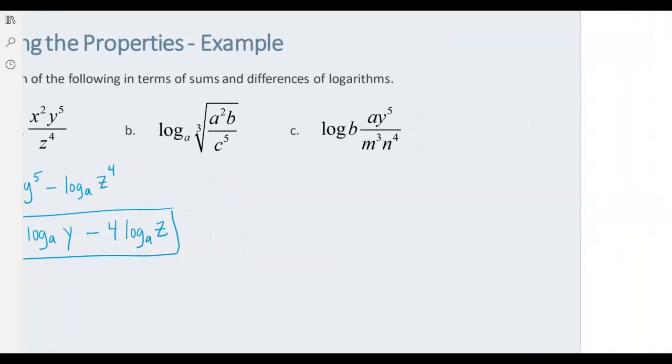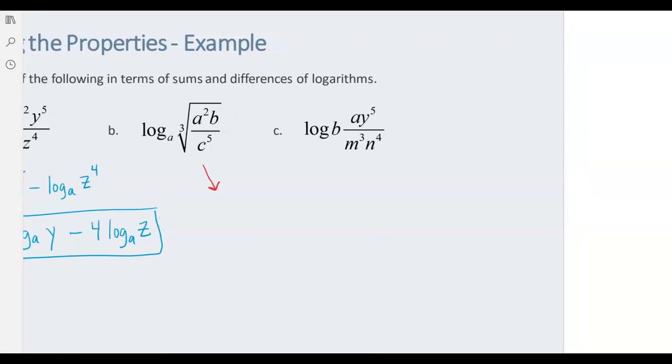Looking at the second one, I'm going to rewrite this to start. I have log base A of a squared b over c to the fifth, all to the 1/3 power, right?